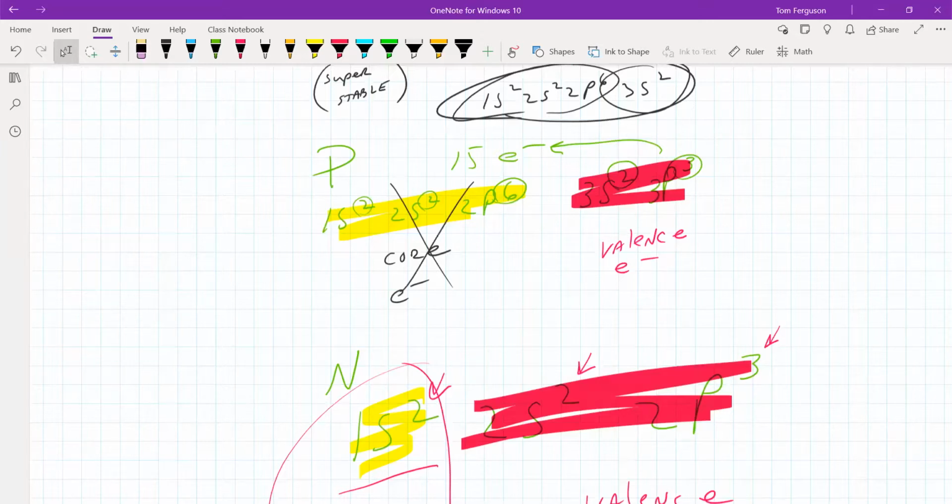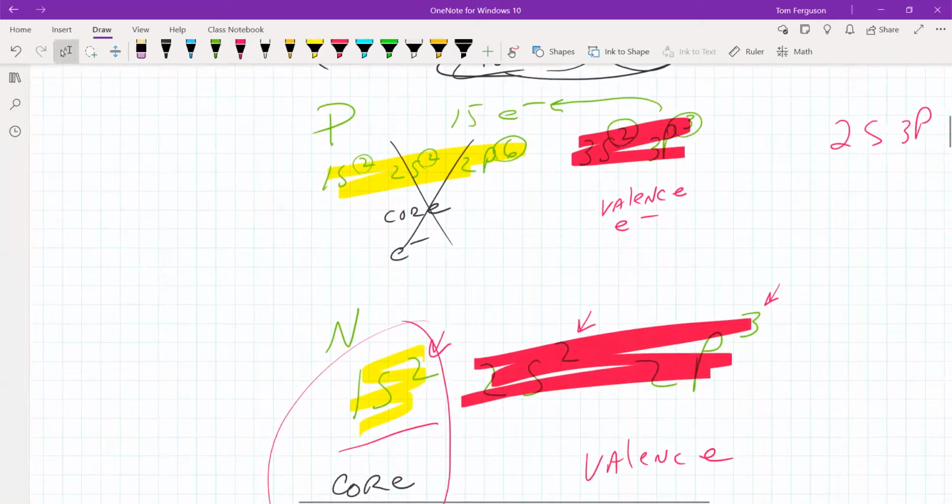Okay, now let's look at phosphorus and nitrogen. How many S's does phosphorus have? 2 S's. How many P's? 3 P's. On nitrogen, how many S's? 2 S's. How many P's? 3 P's. Gee, notice they're the same.